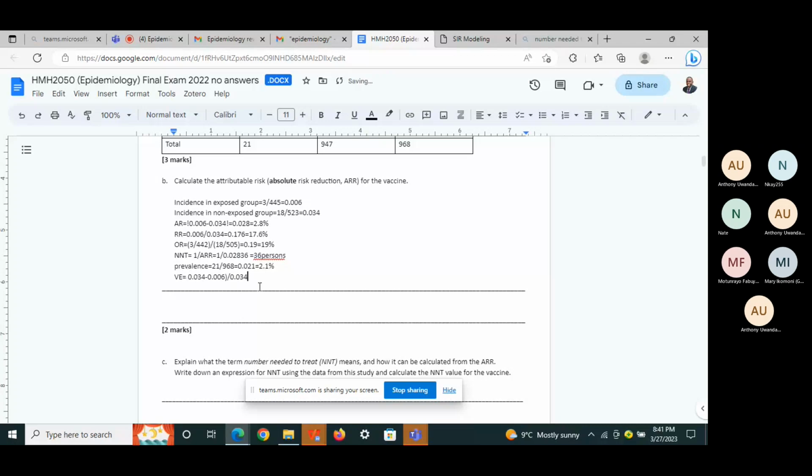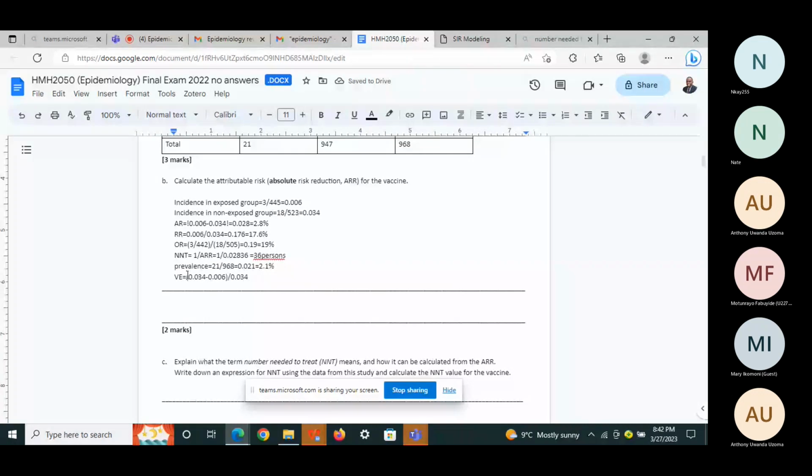Okay, so you can see that when you use numbers, it makes it very simple. But when you start cramming all those formulas, if you understand the whole stuff, it's actually simple. You can see I'm just using only the decimal, without the hundred.